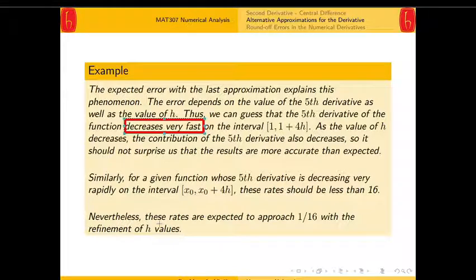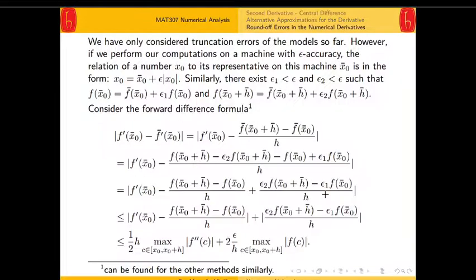Nevertheless, these rates are expected to approach 1 over 16 with the refinement of h values, because when we refine h values, this interval will shrink, and the decrease of the fifth derivative on this interval will not have much contribution on the error. So the rate of the errors will be approaching 1 over 16 in the limiting case.